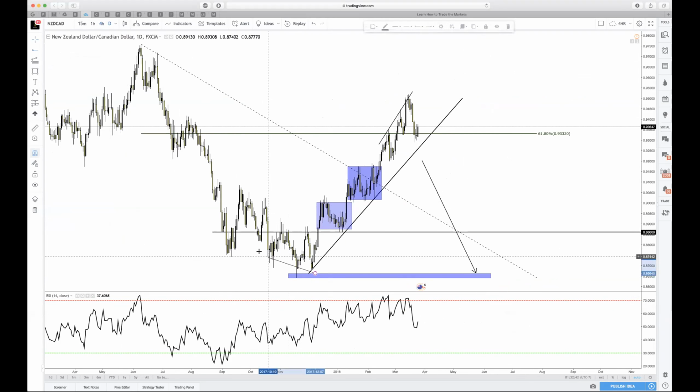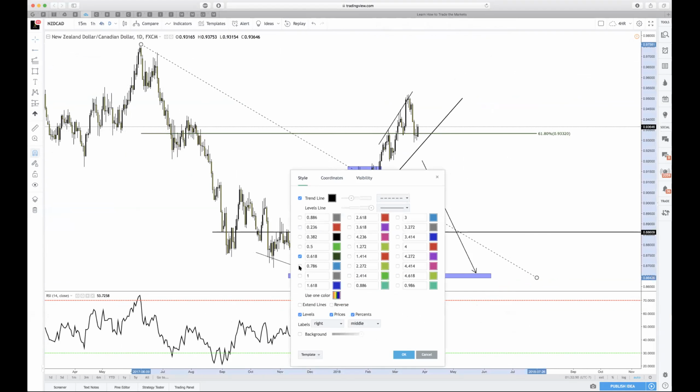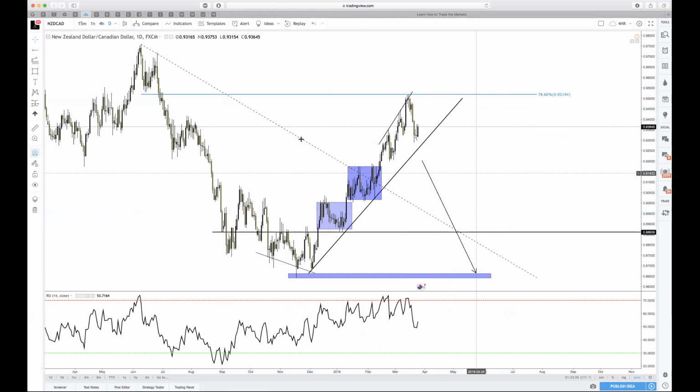All right, there. So W, level 1, level 2, M formation, and the M formation didn't have to do the 61.8. It looks like it's doing the 78.6. Perfect touch to the top and a drop.